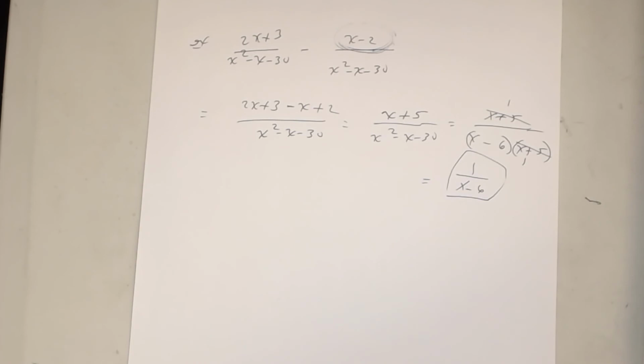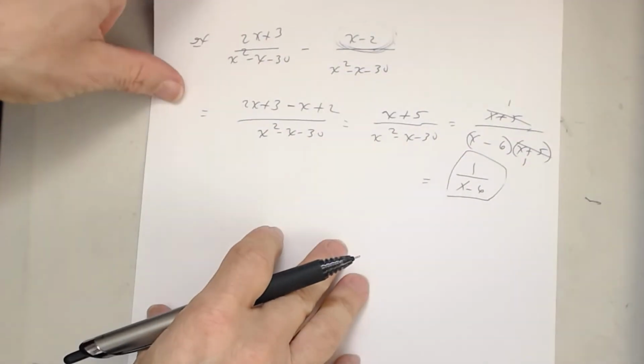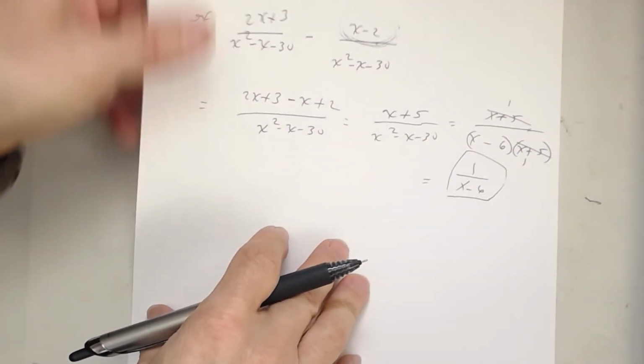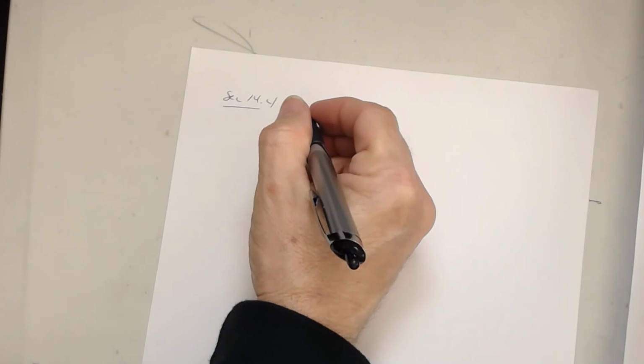next section. All right, now let's talk about the next section. It's not that difficult. Let's look at number 2. This is section 14.4. And remember, 14.3 was where we added and subtracted rational expressions with like denominators.